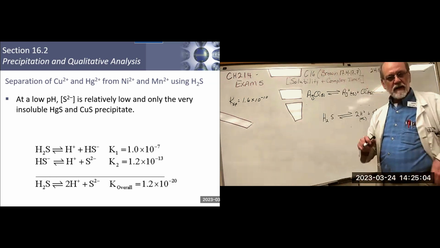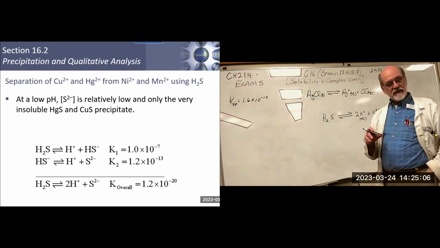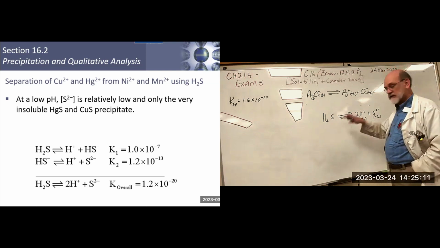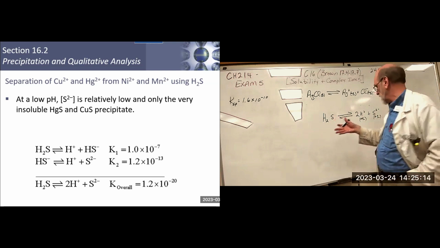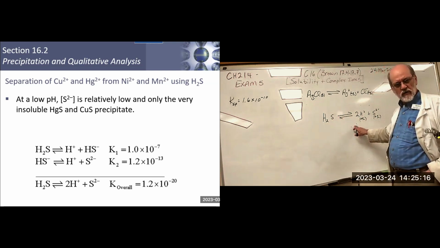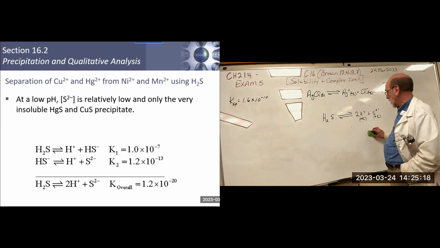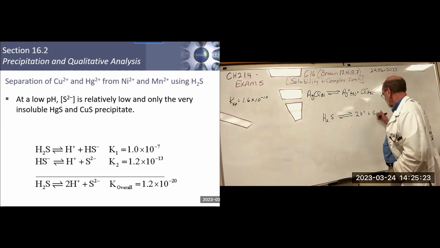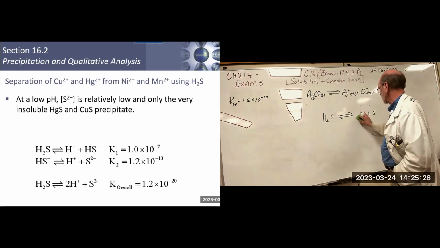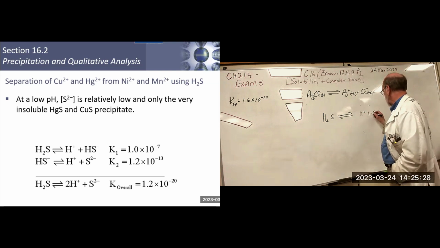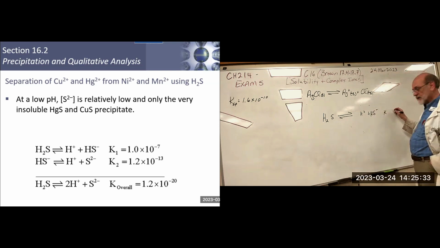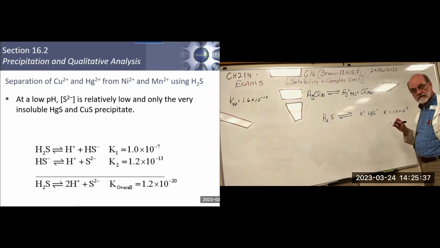As it turns out, this tells us the relationship. Remember, treat this like an acid. We only need one hydrogen, and like that. So the K for this one is 1 times 10 to the minus 7.